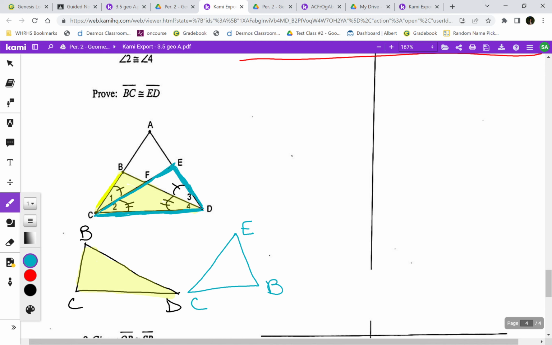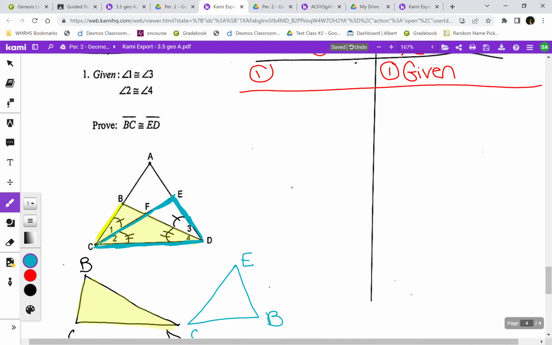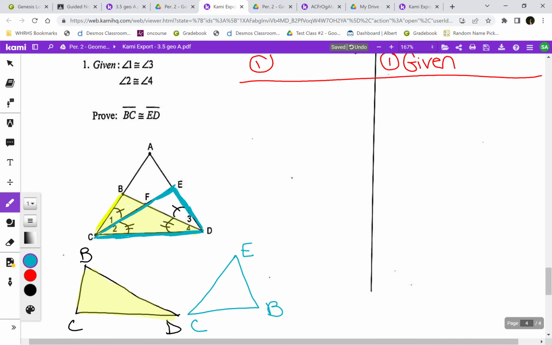Okay, now let's go through the given information again. It told us angle 1's congruent to angle 3. Look at the triangles. Angle 1 and angle 3. Do they count as full angles in either triangle? No. So does that count as an angle for us? No. Stay with me. Then it says angle 2 is congruent to angle 4. Follow the triangle ECD. Does angle 2 count as an angle?